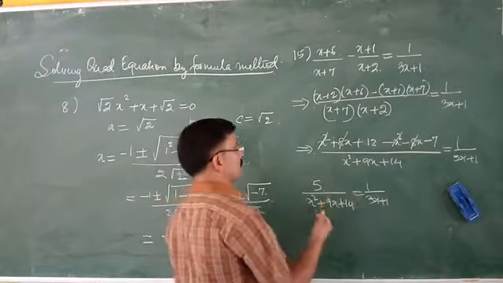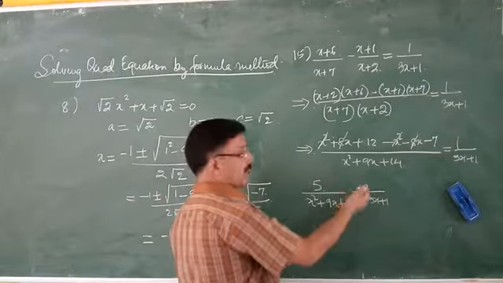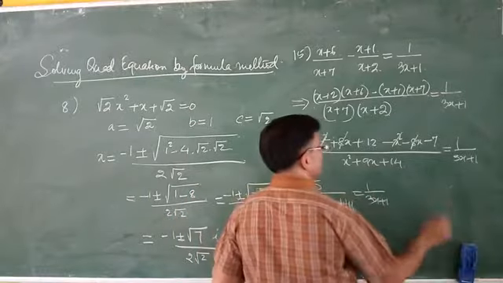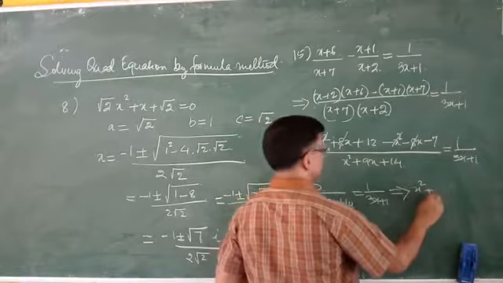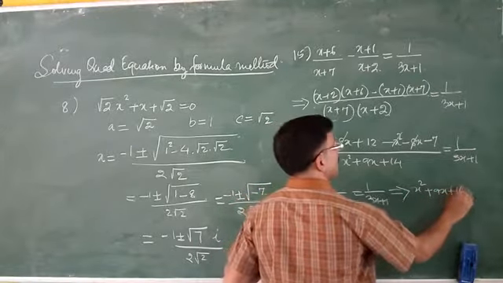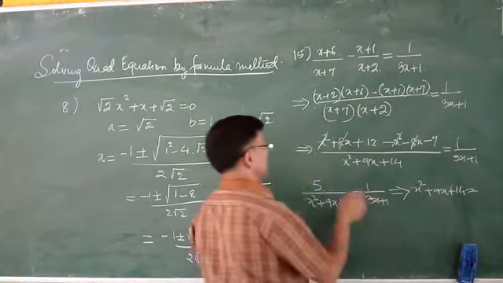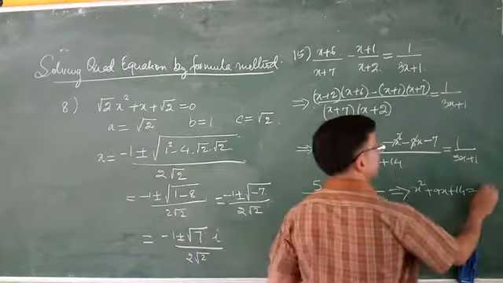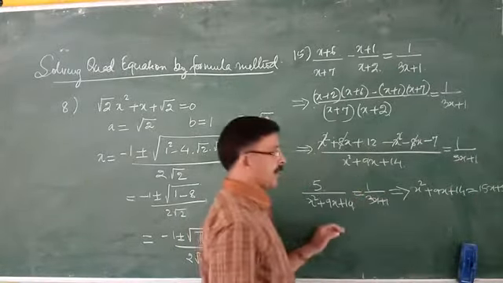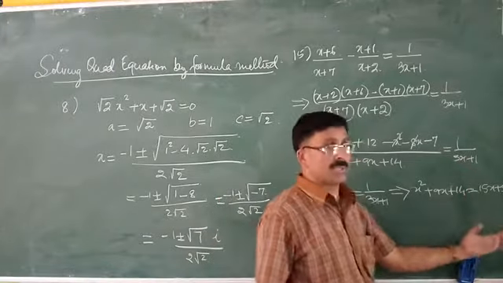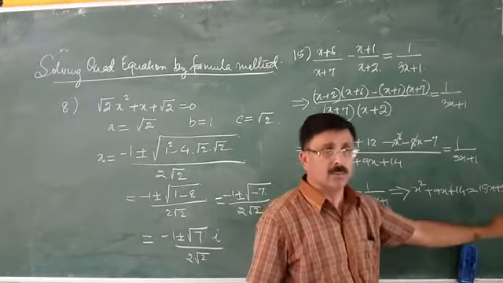So we'll multiply. Now this multiplied by 1 will be as it is. This is the next step. X square plus 9x plus 14 is equal to this into this, so 15x plus 5. After this, because we want this in the standard form, the right hand side has to be 0.